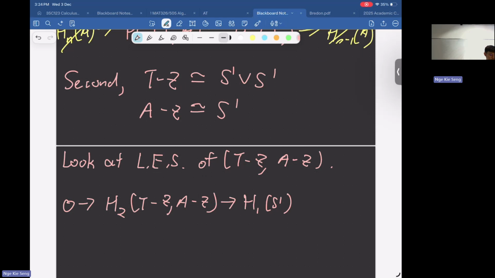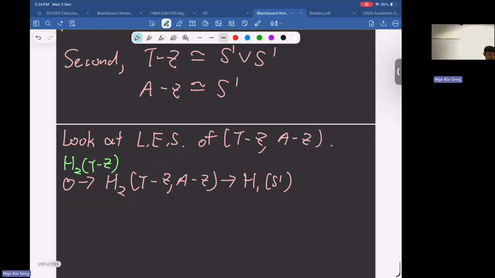Because what's this zero term here? Can you identify this zero term? This is H2 of T minus Z. Yeah. Okay. So why is it 0? Maybe I can tell you.